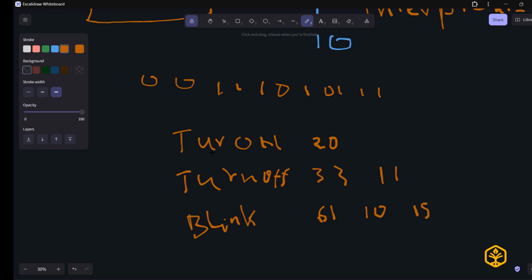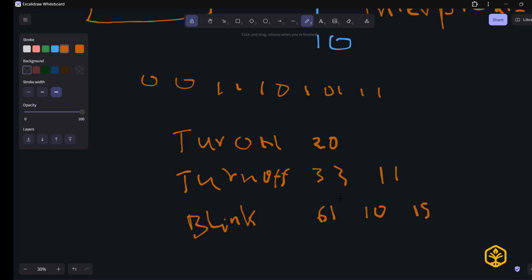So what we are trying to say here is, okay, if we give the computer 10 on 20, it will turn on the 20th light. Isn't that easier and better? Yes. Good. Then we say 10 off 33 and 11. So we just write 33 space 11. It will know that, oh, they are asking me to turn off the 33rd light and then the 11th light.